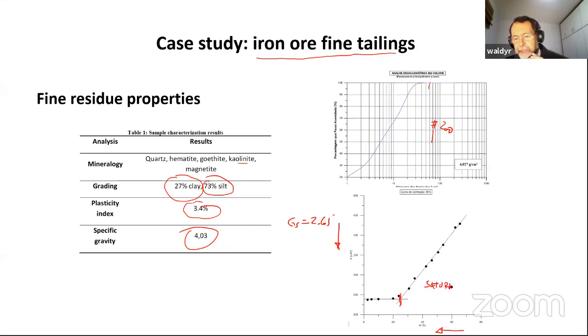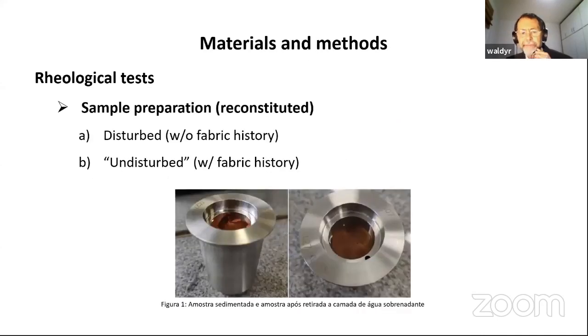Although it's desiccating, losing water, showing a crust maybe, the material is still saturated. The desaturation starts when it reaches the limit of contraction, the LC here. So the shrinkage test is very important to understand this change in consistency during the desiccation process.